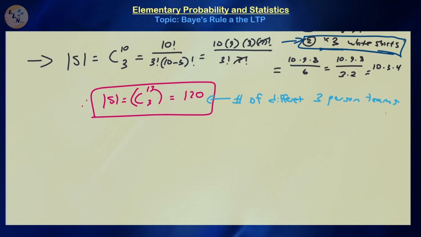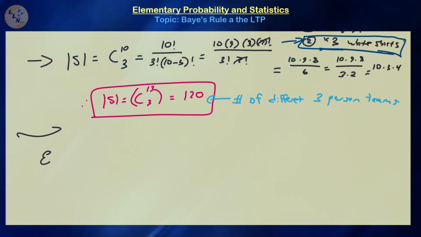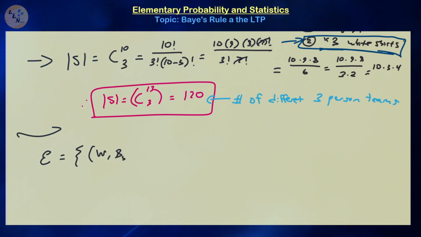Now let us look at the event space that I'm interested in. My event space needs to be a subspace of my sample space, and we need to only focus on our 2 blue shirt samples. Some of those samples would be W1, B5, B6.